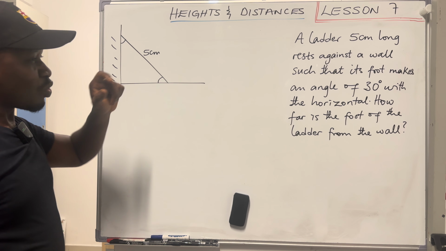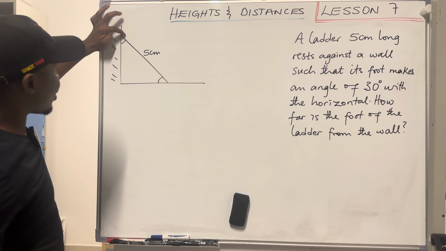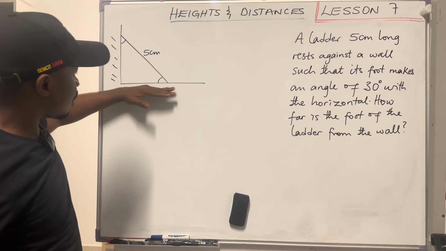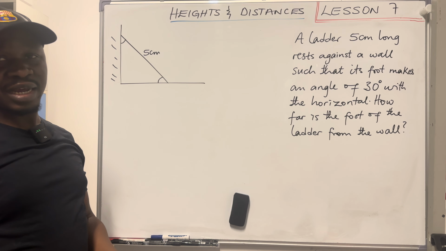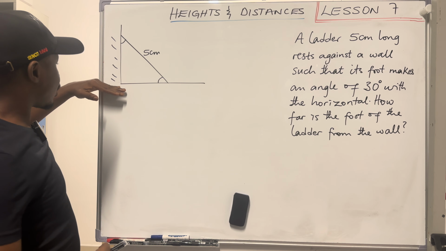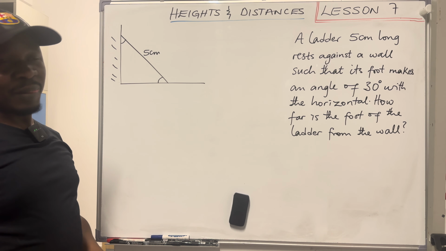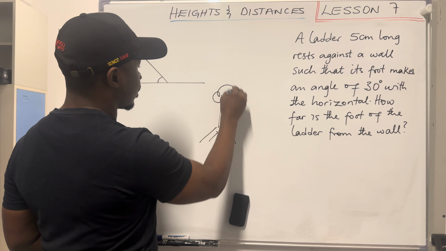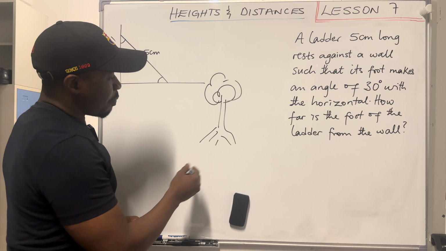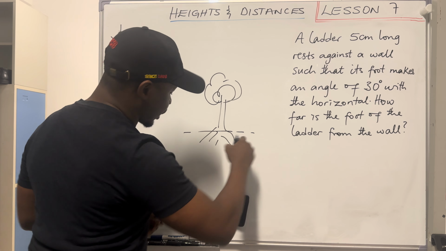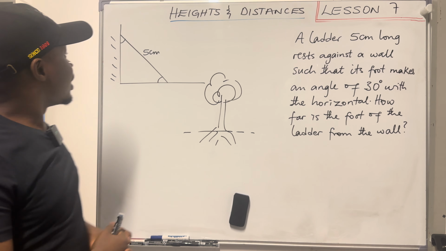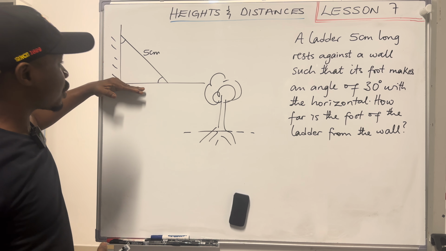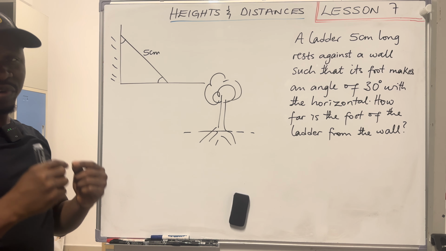The ladder has two parts: the top part and the bottom part. The part of the ladder that touches the ground is what we mean by the foot of the ladder. The part of the wall that touches the ground is the foot of the wall. The part of a tree that touches the ground is the foot of the tree. So the ladder has two ends, and the part that touches the ground is the foot of the ladder.